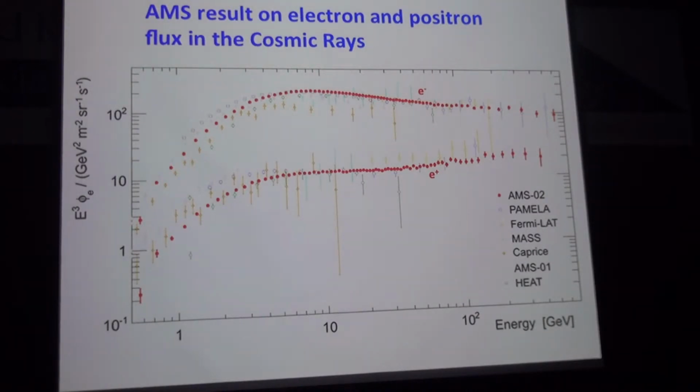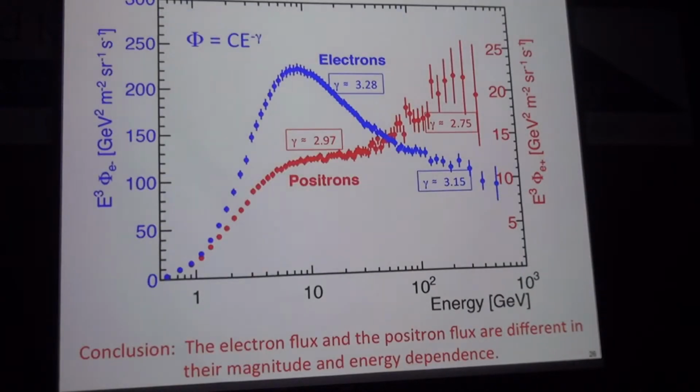With this very small error, we can see more details of the spectrum. Here we plot the electron spectrum and the positron spectrum times energy to the third, in different scales; the scale is a factor of 10 different.